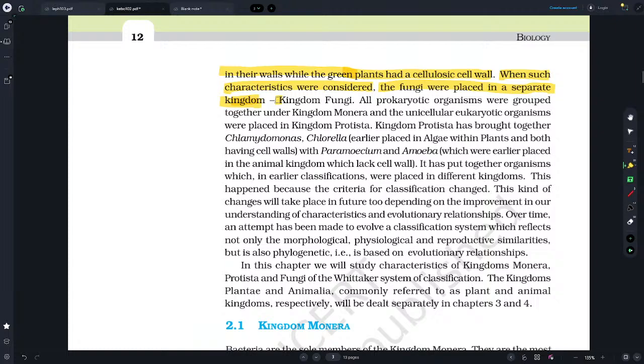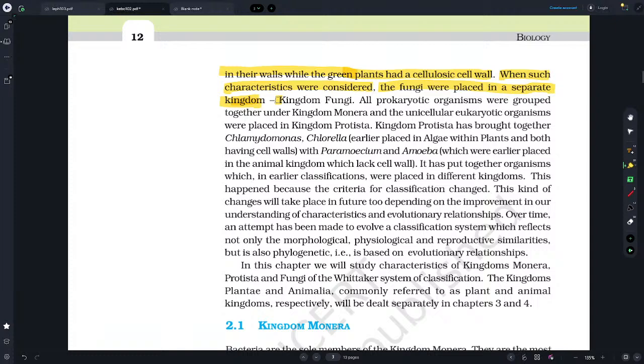The next topic, or the last topic that comes under the eubacteria in this textbook, or referring to NCERT at least, is the mycoplasma. Mycoplasma are organisms that completely lack a cell wall. They are the smallest living cells known and can survive without oxygen. Many mycoplasma are pathogenic in animals and plants.